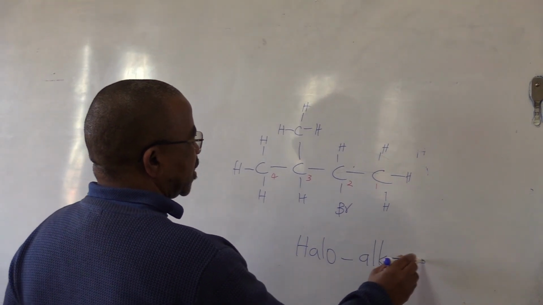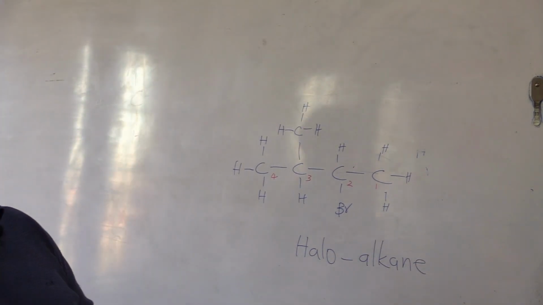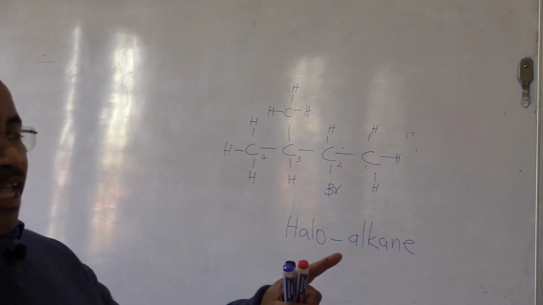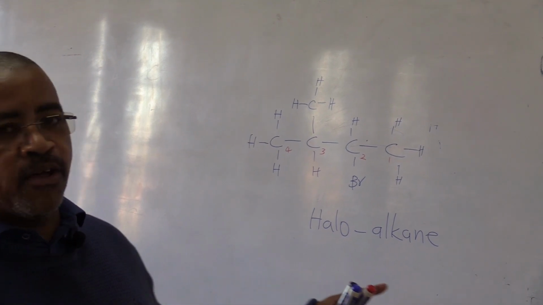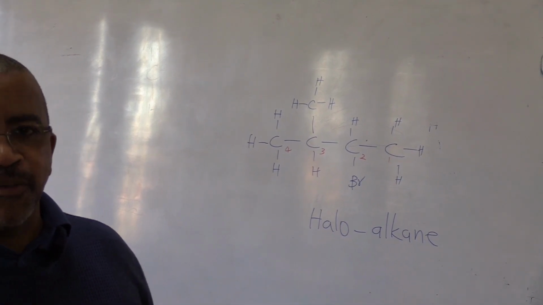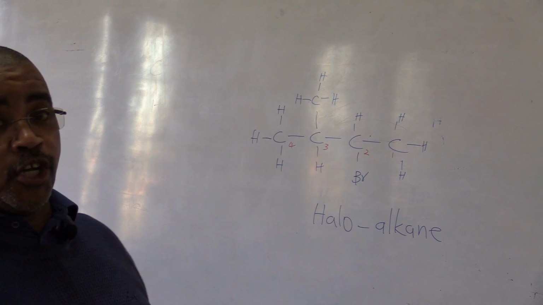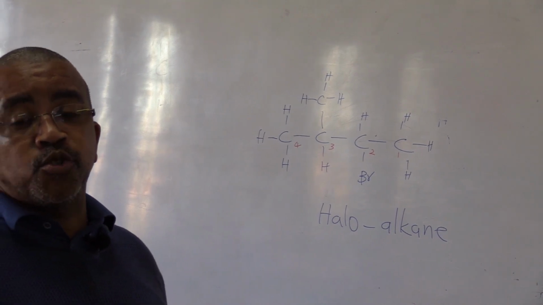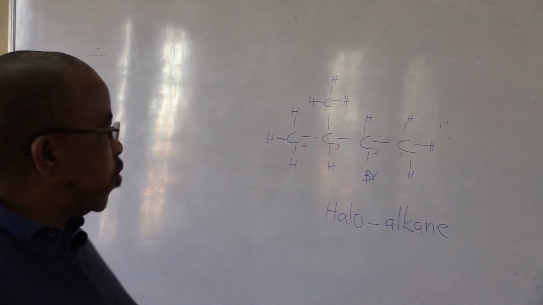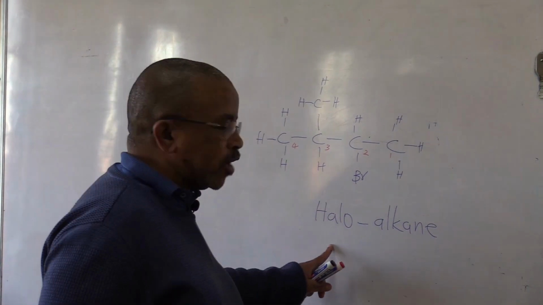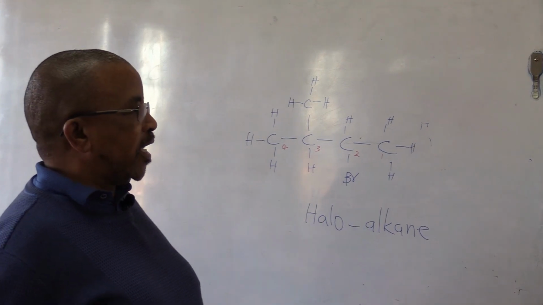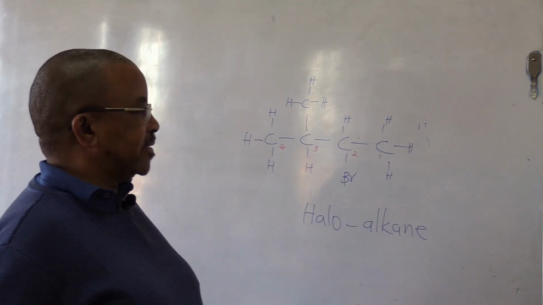Alkane, a halogen in an alkane. We see it's an alkane because here we have butane, so it has single bonds between carbons. Maybe one day they say 2-bromo 3-but-2-ene. If it is ene, we can have a halo alkene. So this belongs to a haloalkane.